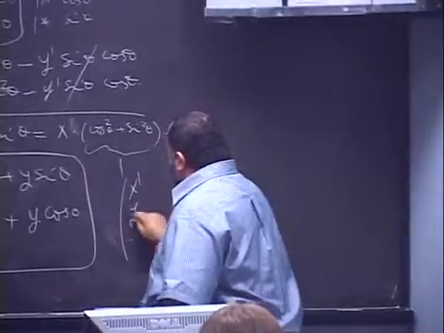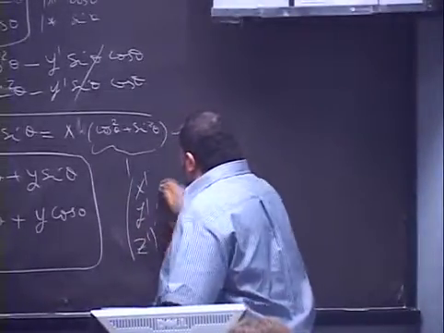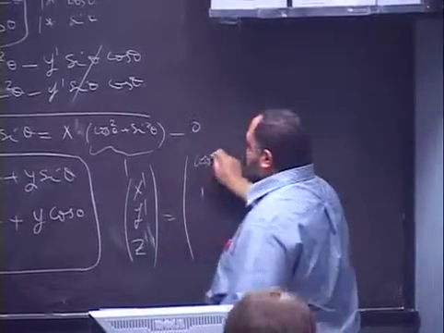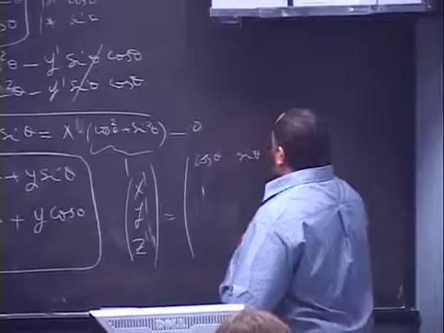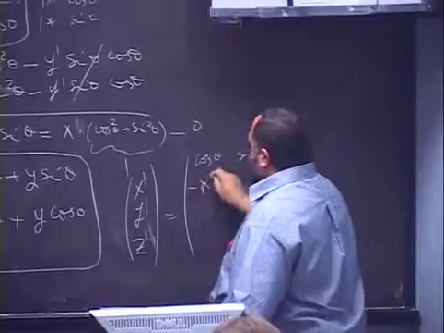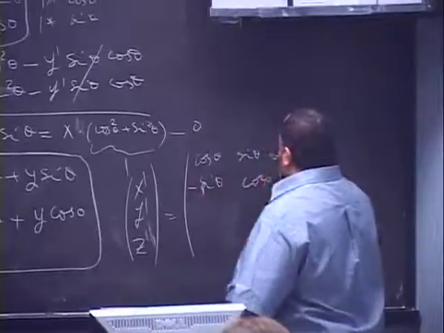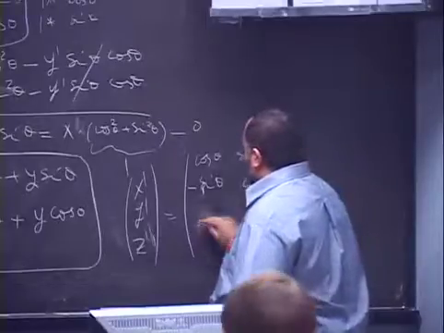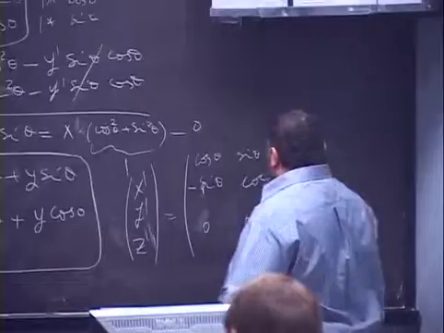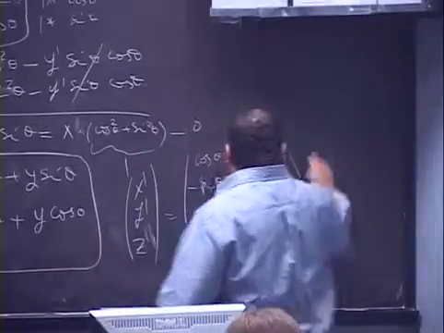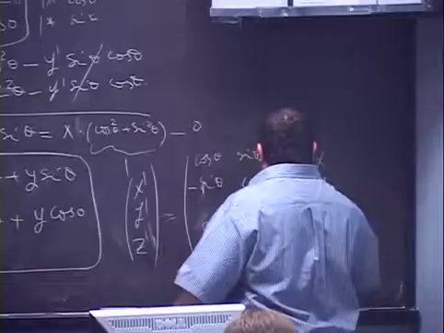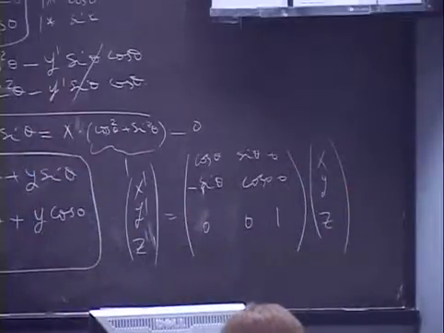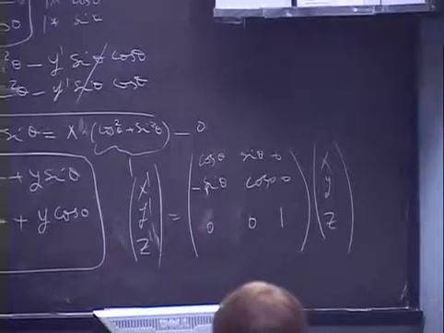X prime, y prime, z prime equal to what? Cosine theta, sine theta, 0, minus sine theta, cosine theta, 0, 0, 0, 1. So this is multiplied by x, y, z. So this is matrix what? This is matrix A.